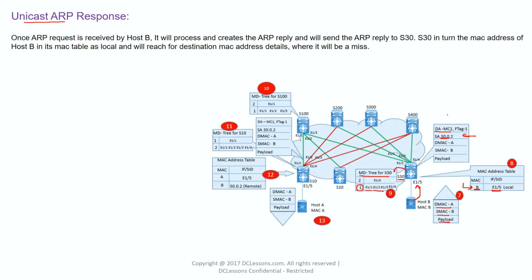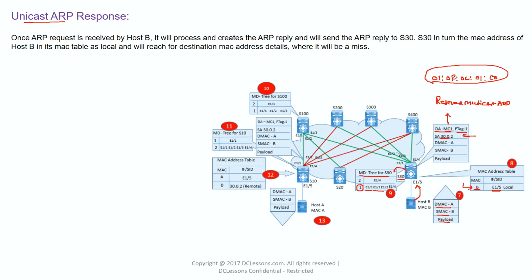Here the destination MAC address will be the reserved multicast address, 01:0F:0C:01:C0. Due to space constraints, I have written multicast address, but this will be your reserved multicast address in the destination address, and FTag will be 1.